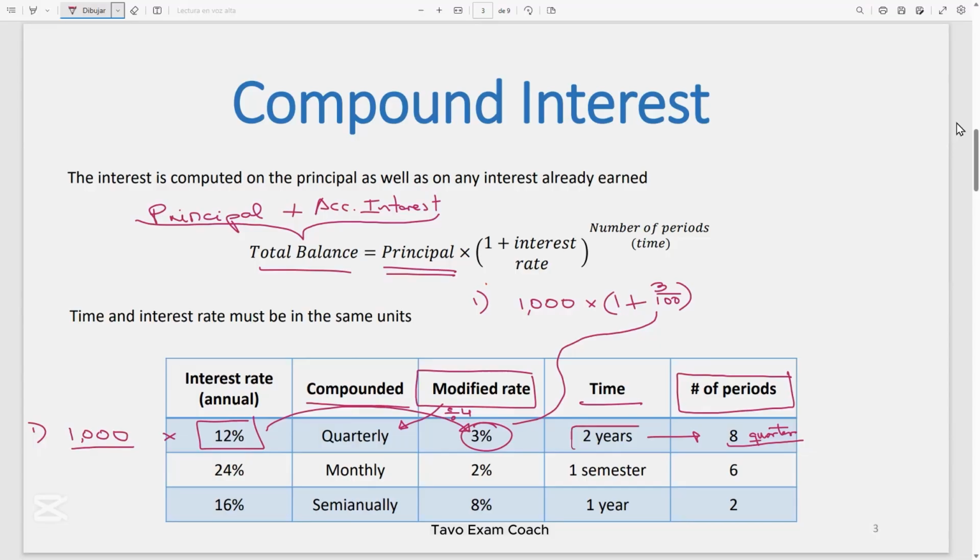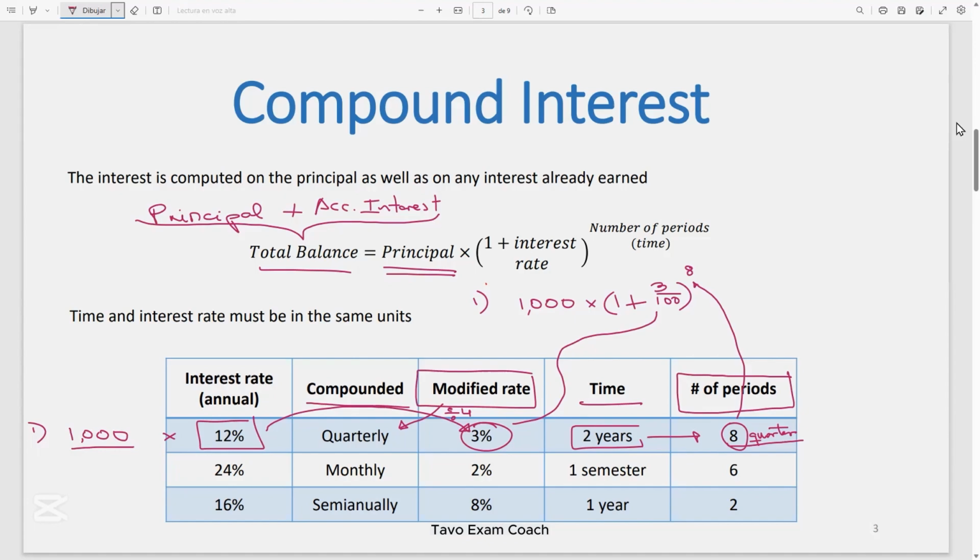So 2 years represents 8 quarters. We place this value 8 here as the exponent, the duration of the investment in periods of accumulation of interest. So the result of this expression is the total balance.